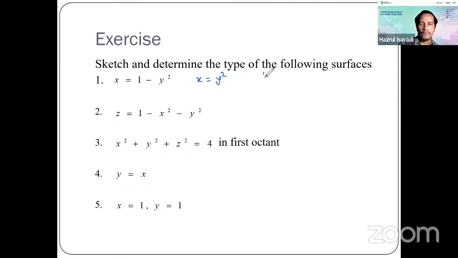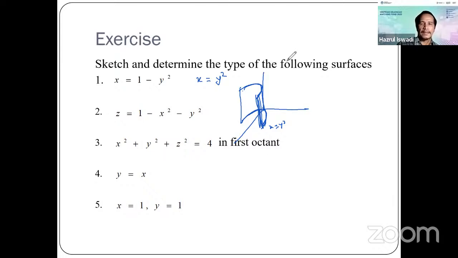And as we know before, these cylinders mean that we have a parabola like here. This is x is equal to y square in the xy axis, and we move this parabola along the z axis. So this is the quadric surface.